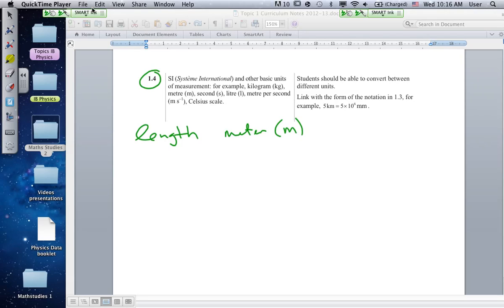We give it the symbol M. The unit for mass, now you will often find that they will also use the word weight in your mathematics, although weight, if you look at it from a scientific point of view, is not mass. But anyway, they use it interchangeably, as you're going to see an example. Anyway, the unit for mass is the kilogram, and that's your kg.